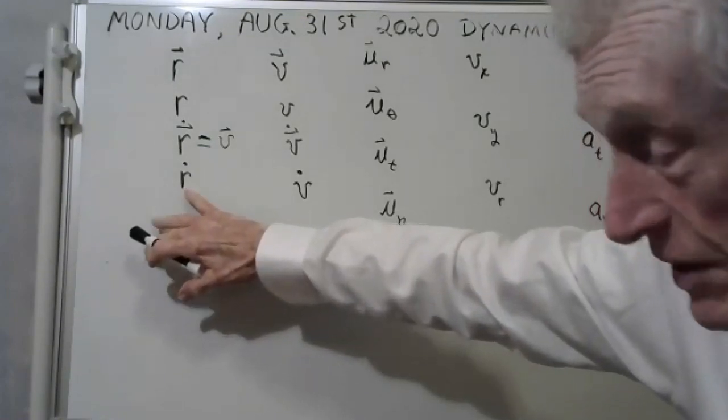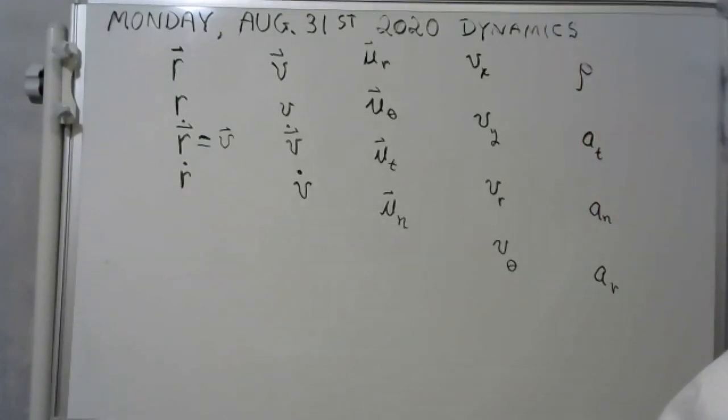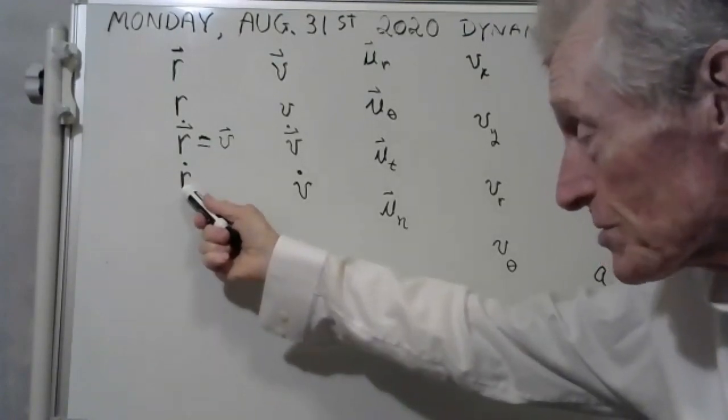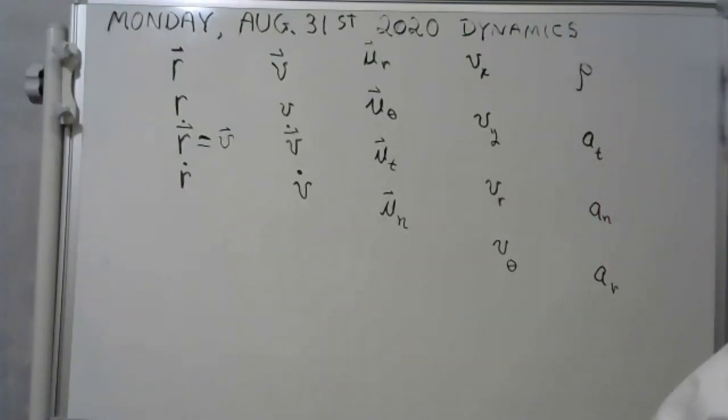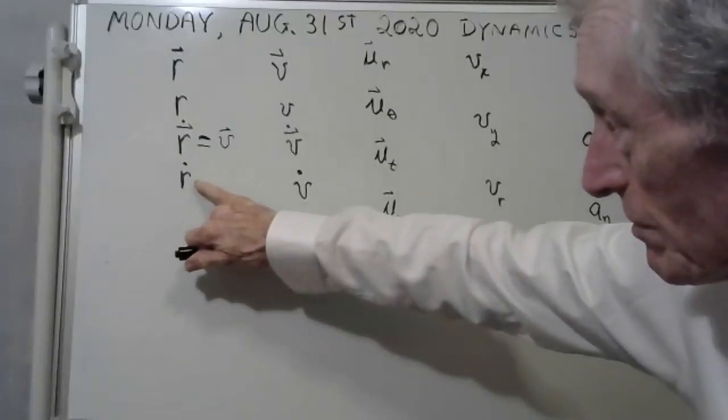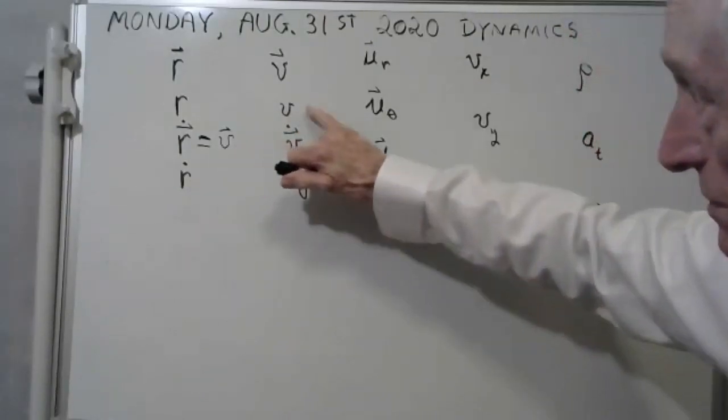I am sure that that's the first derivative with respect to time of the magnitude of the position vector. I am sure about that. But I think my excellent student said that that is equal to that.